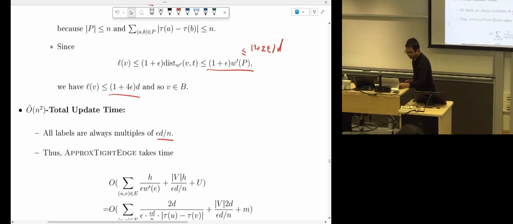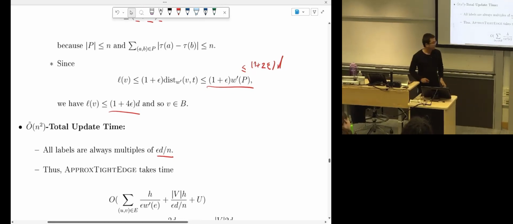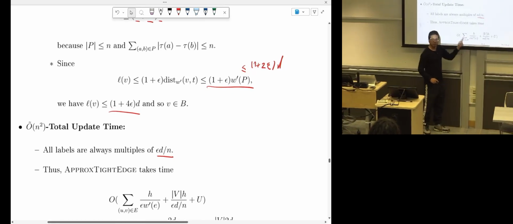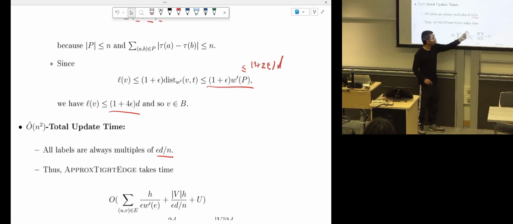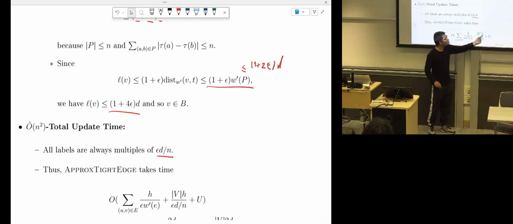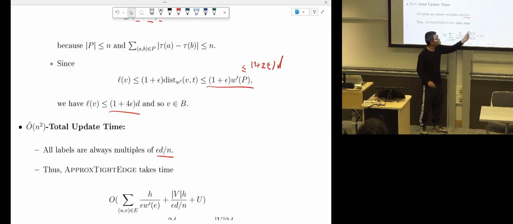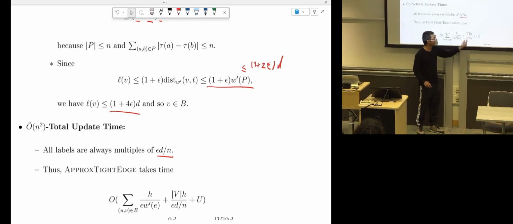We have this term just because this is how much we probe each edge, the number of times we probe each edge. But because the level is a multiple of this thing, the total time for releveling is reduced by this factor.